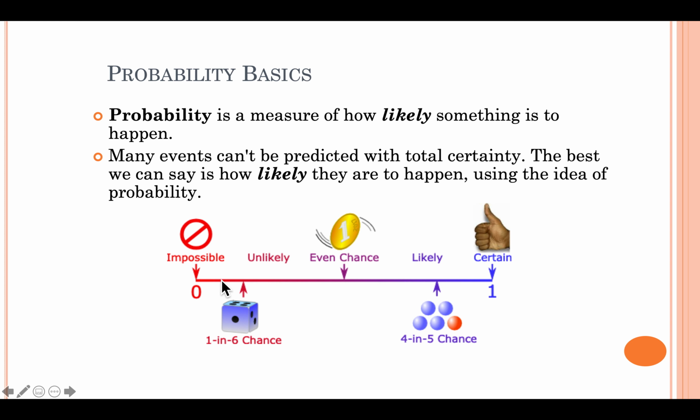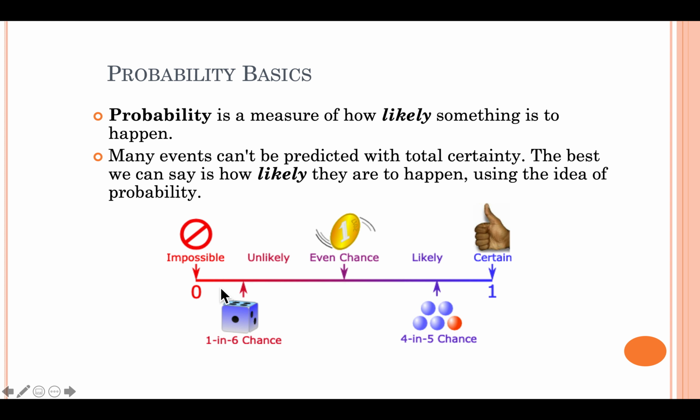And a certain event that is definitely going to happen has a probability of 1. In between 0 and 1 are all the other ranges of probability, from the unlikely events to the likely events. So the closer a number is to 0, the more unlikely the event.